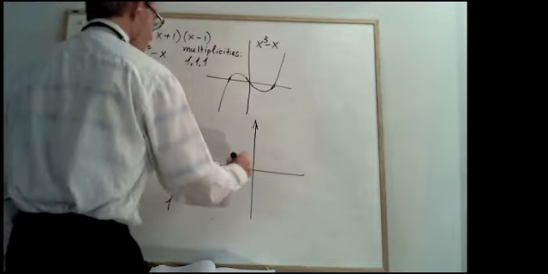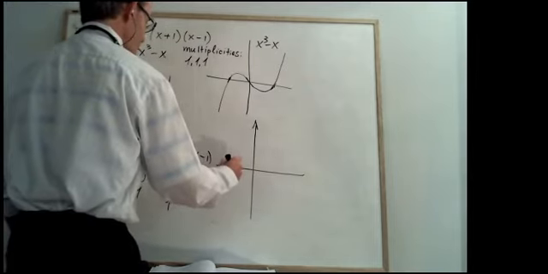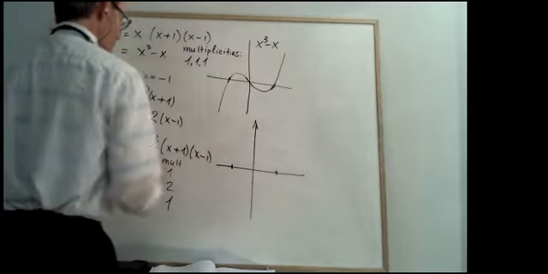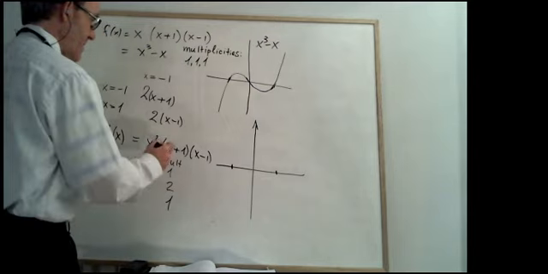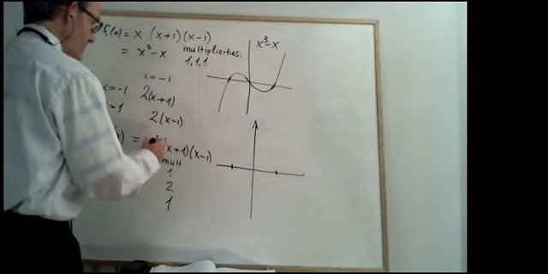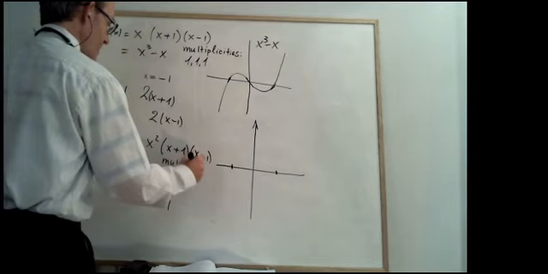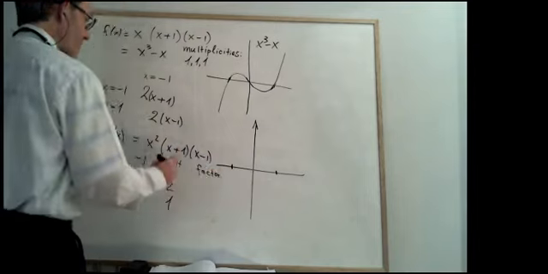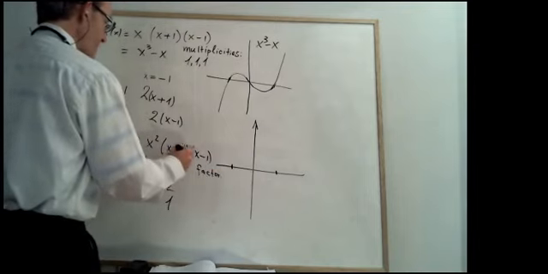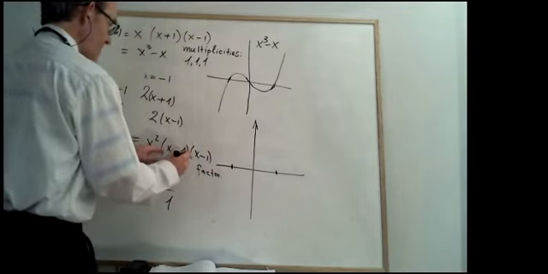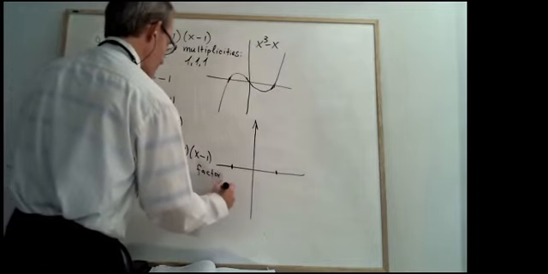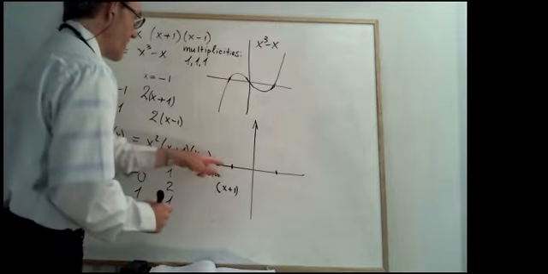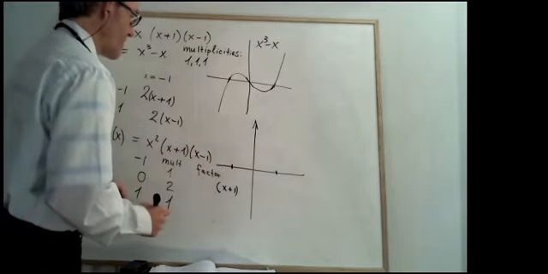Okay, so what can you guess? Well, the coefficient in front, the factor in front, we can also write down. This is going to be our expression near the root x equals minus 1.